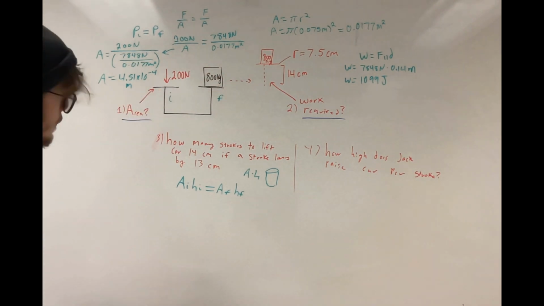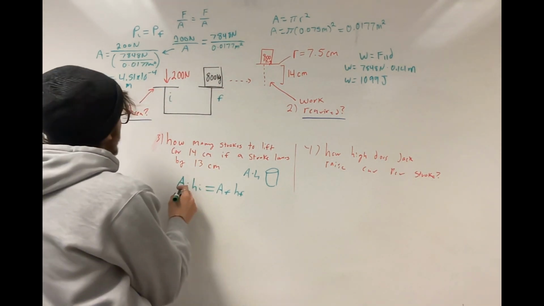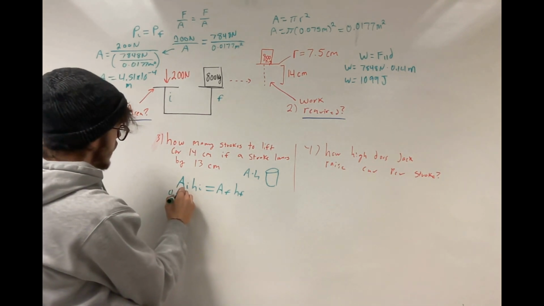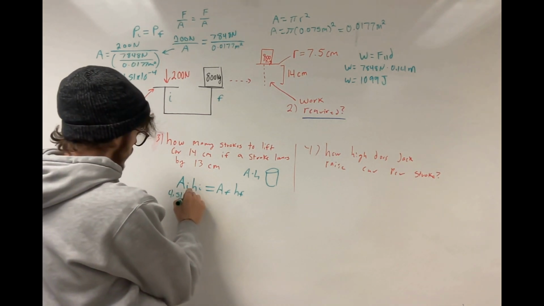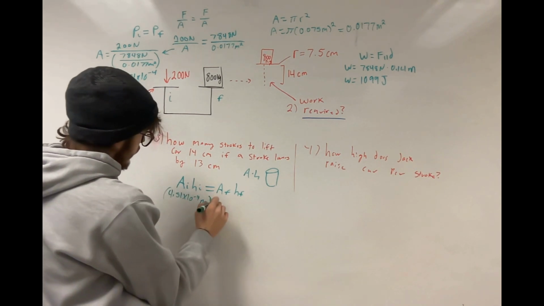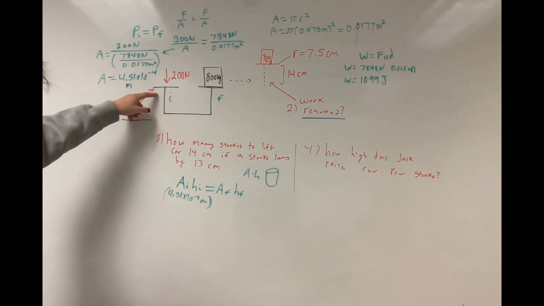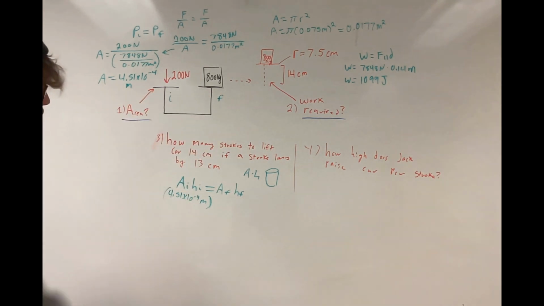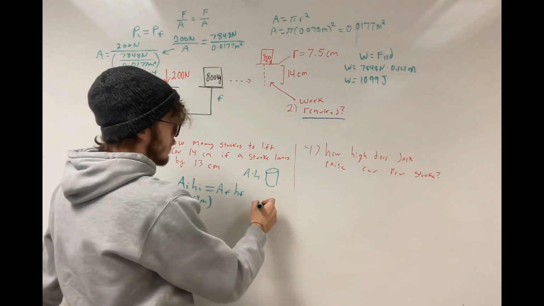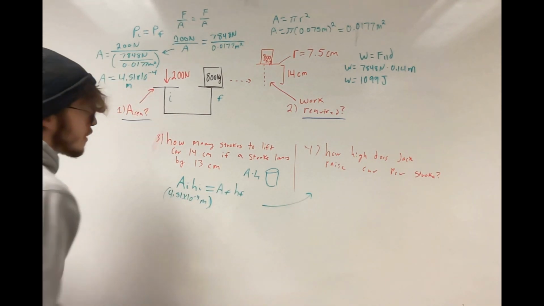So we know that the area is 4.51 times 10 to the negative 4 meters squared. And we say this because this will be our initial side, this will be our final side. And sorry, I would be solving for number 4 here, not number 3.